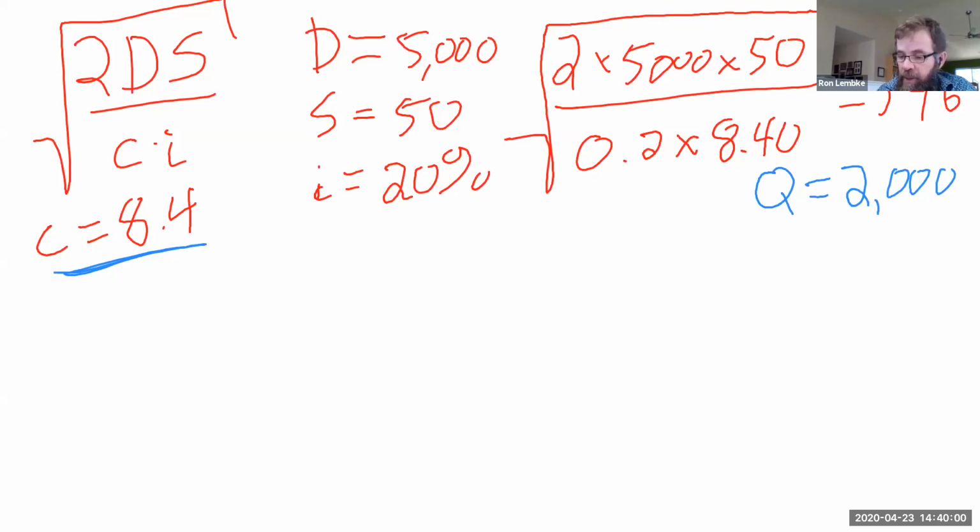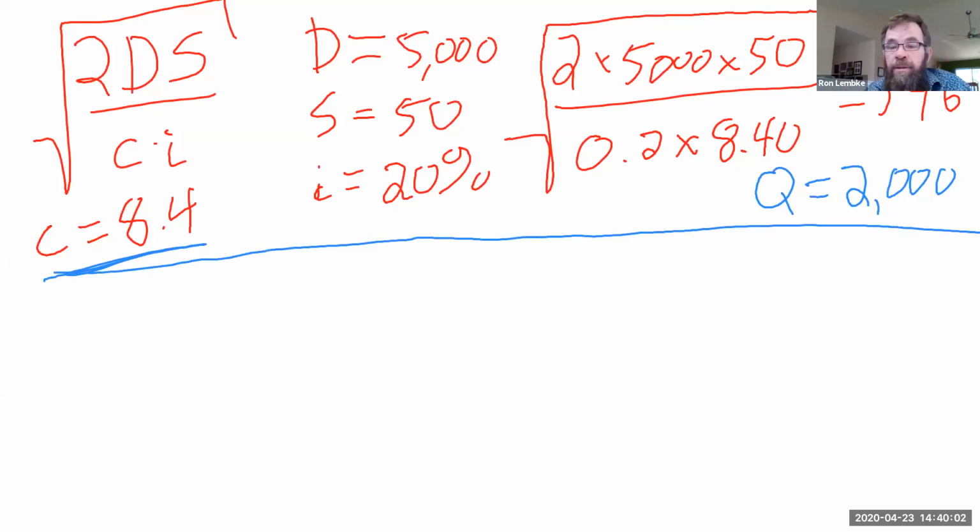That was our first iteration, our first step on this problem. And like I said a minute ago, if the 546 had been bigger than 2,000, we could stop taking EOQ calculations. But it wasn't, so we're going to go to the next cheapest price.